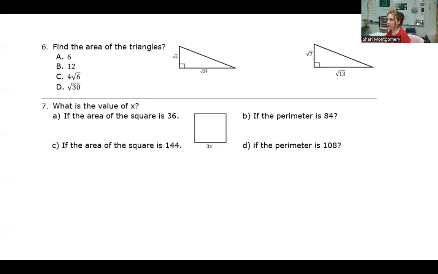Well, for a triangle, it's length times width, and then we half it, or 1/2 the length times width. So to do this, I have a length and a width, square root 6 and square root 24. And we have to half it or multiply by 1/2 or divide by 2, however you want to think about it.